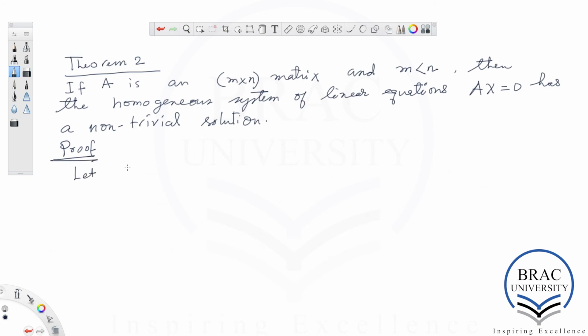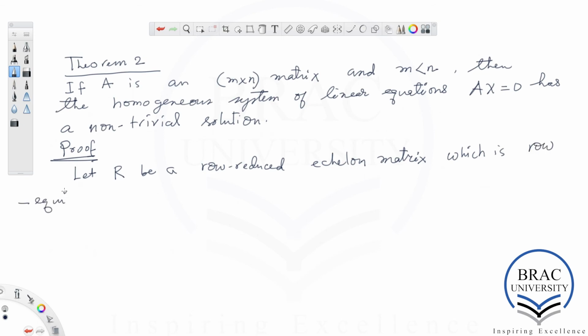Let R be a row-reduced echelon matrix which is row equivalent to A, which we can always find by means of Theorem 1.